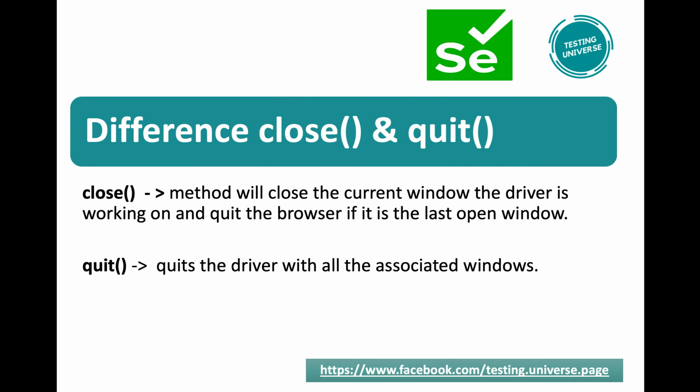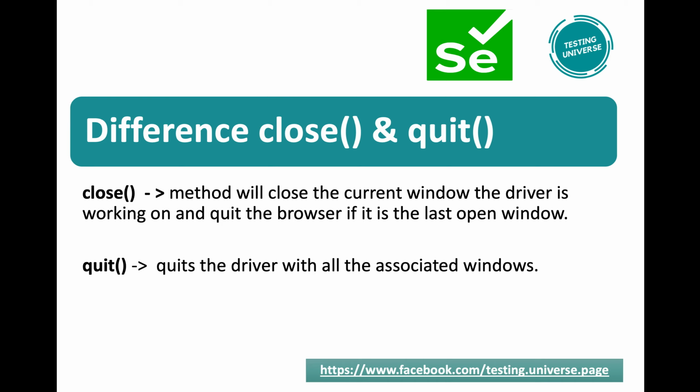If we have multiple windows, whichever window the driver is pointing to will be closed, or that tab will be closed. And if only one window is open, then it will close the entire browser. That's the functionality of close.